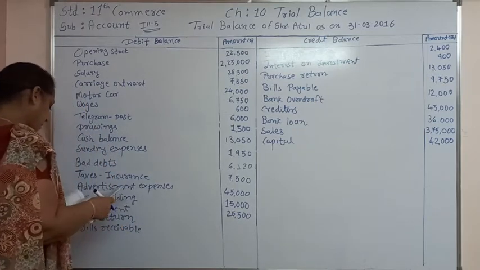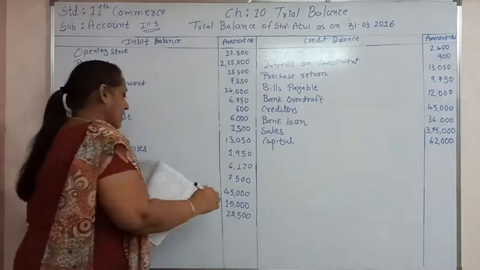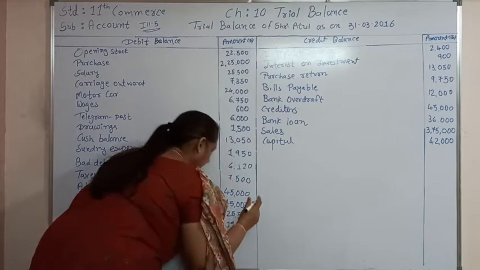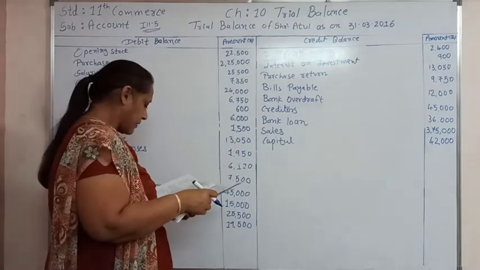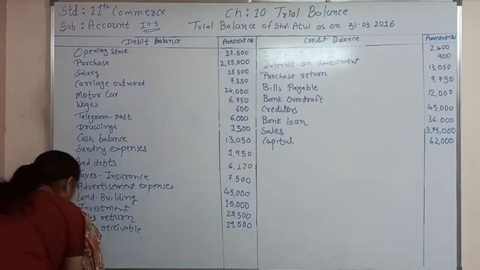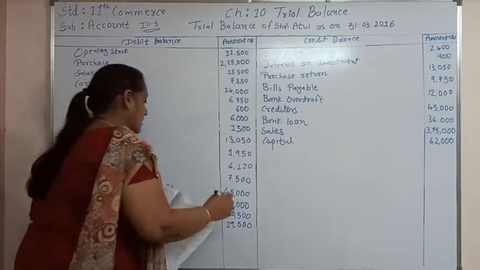So bills receivable has the balance of rupees 19,500. After bills receivable, another account is a debtors account. So debtors account has a debit balance, and it is of rupees 75,000.